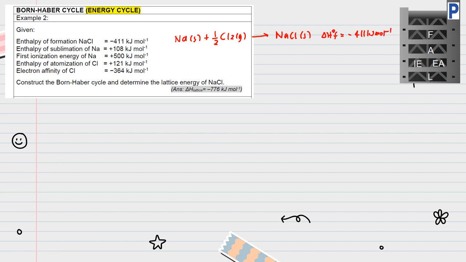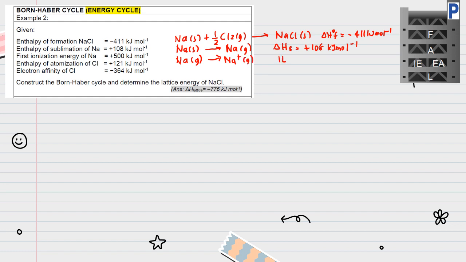So next seterusnya sublimation. Sublimation sama sahaja macam atomization. So Na solid produce Na gas. So, dia punya enthalpy sublimation equal to positive 108 kJ mole minus 1. So, next seterusnya adalah ionization of Na. It means daripada Na gas menjadi Na plus gas.